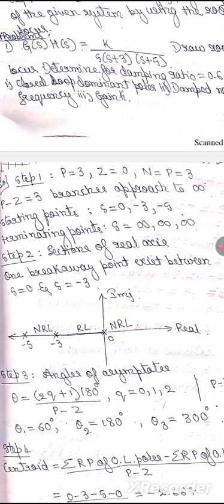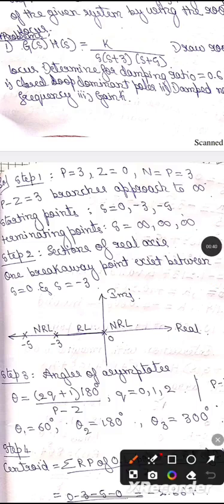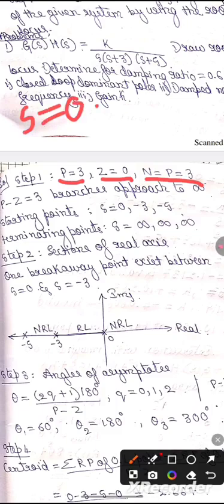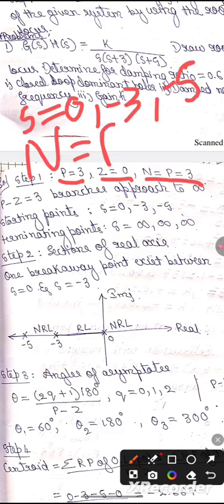So the root locus steps are similar. First, we need to find the poles, zeros, and number of branches. Here the poles are s is equal to 0, minus 3, minus 5. What is the formula for n? N is equal to p minus z. We don't have zeros.